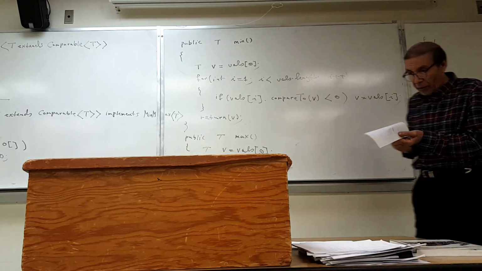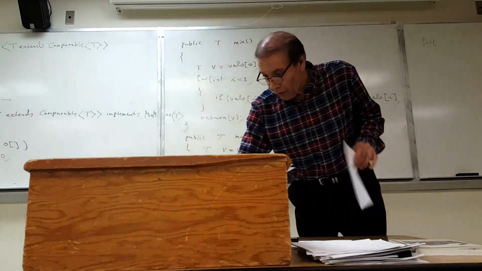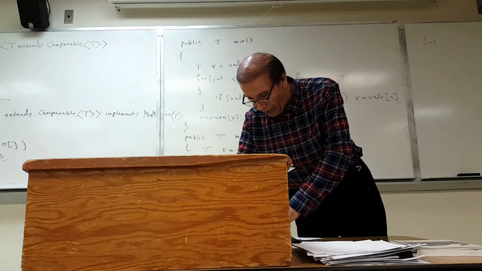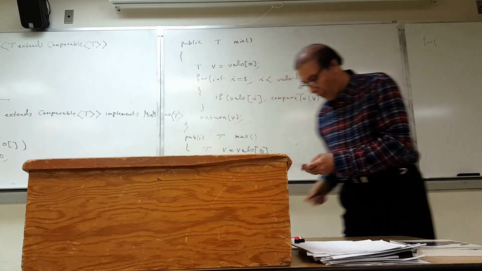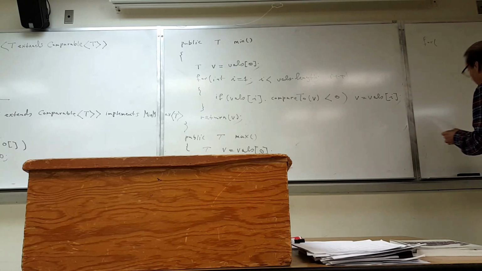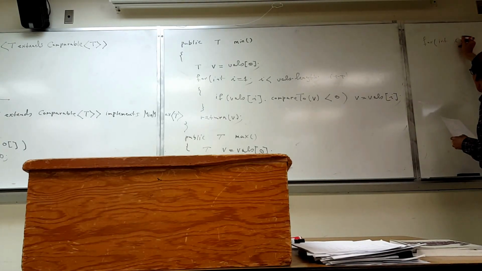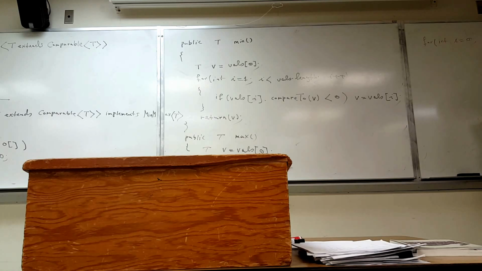Let's change the color to red, supposedly it's better. Integer I equals 0, I less than vals.length, I plus plus.